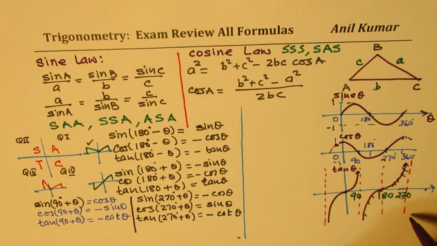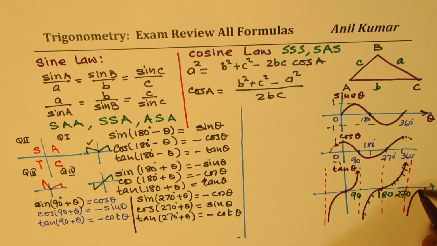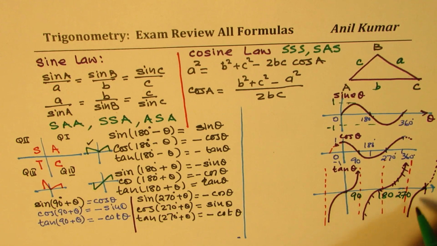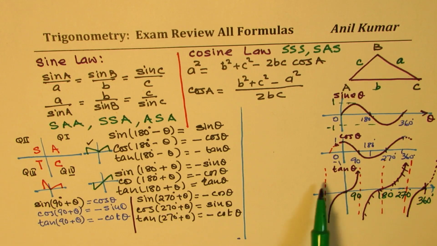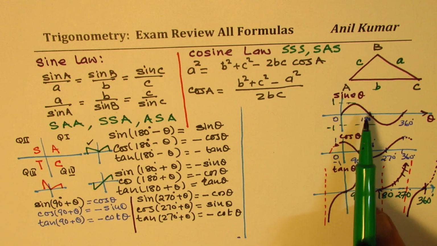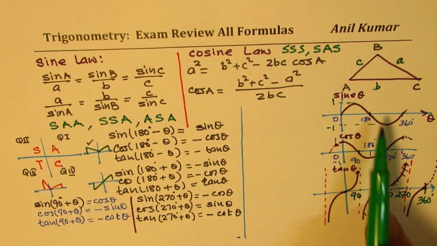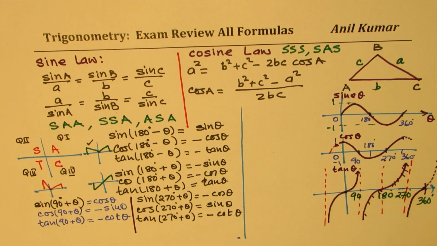Now we have the half wave. So this point here is 360. Do you see that? So for a tan theta, we'll have 3 zeros, just as we have 3 zeros for sine theta. Perfect? So these are my 3 zeros.